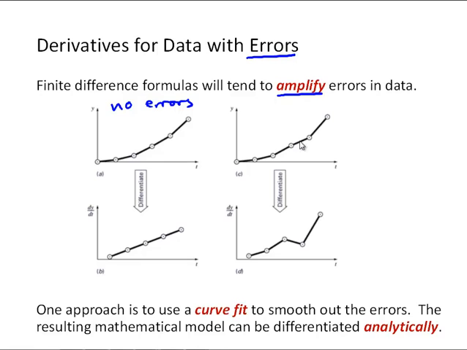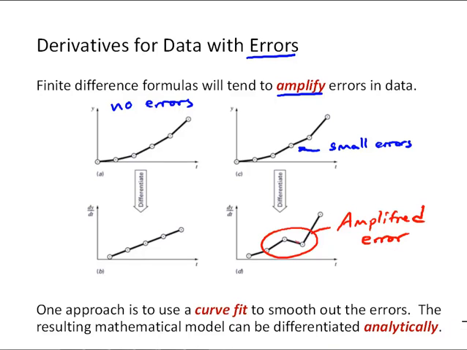But now we introduce even relatively small errors. But those small errors are going to lead to large changes in slope between the points. And so we see here that those errors are amplified in terms of calculating those slopes.